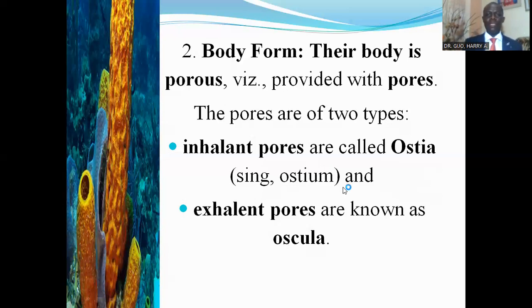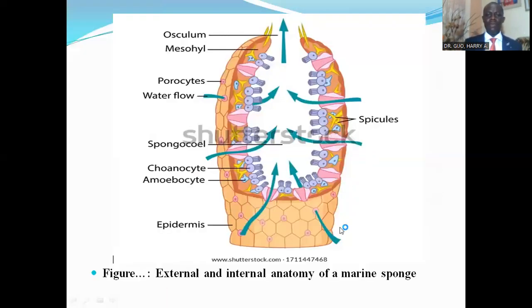Now this is a figure showing the external and internal anatomy of a marine sponge. This is the osculum, that takes water and waste out of the sponge.